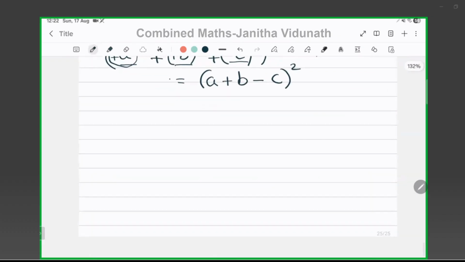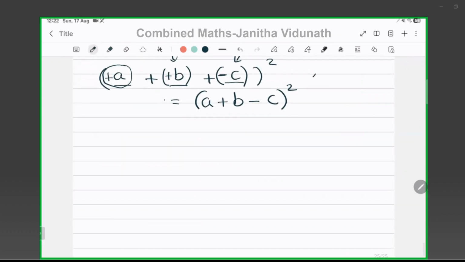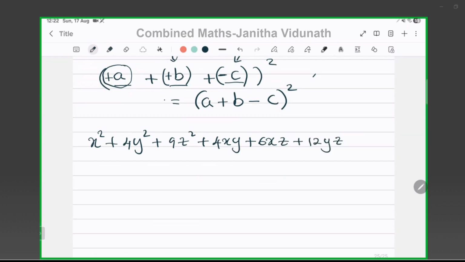Okay, let's get another example. Think we have x square plus 4y square plus 9z square plus 4xy plus 6xz plus 12yz. Now we need to find three terms that give this result.